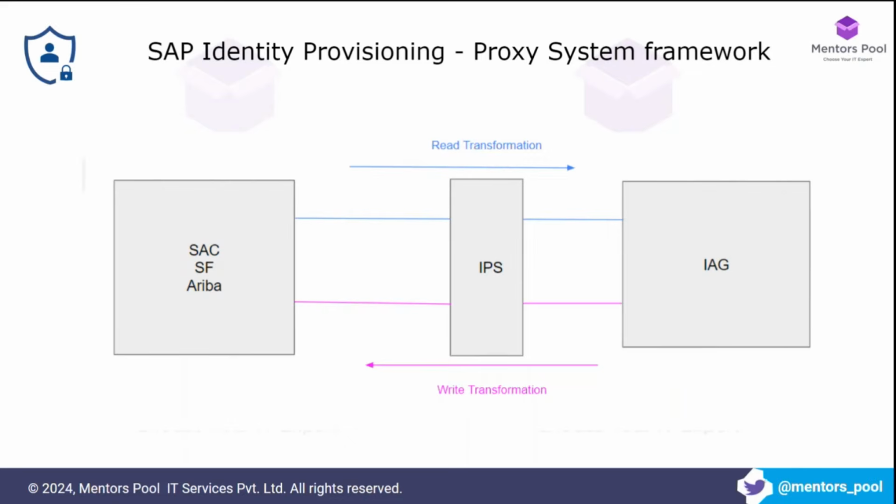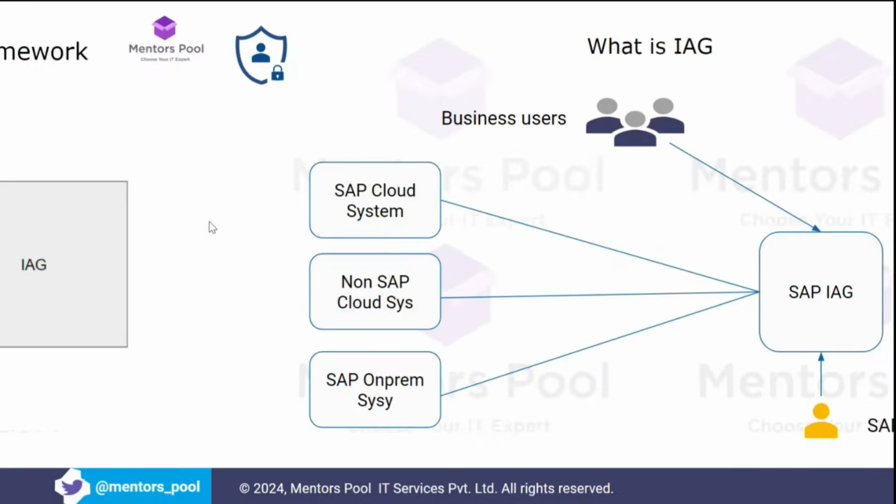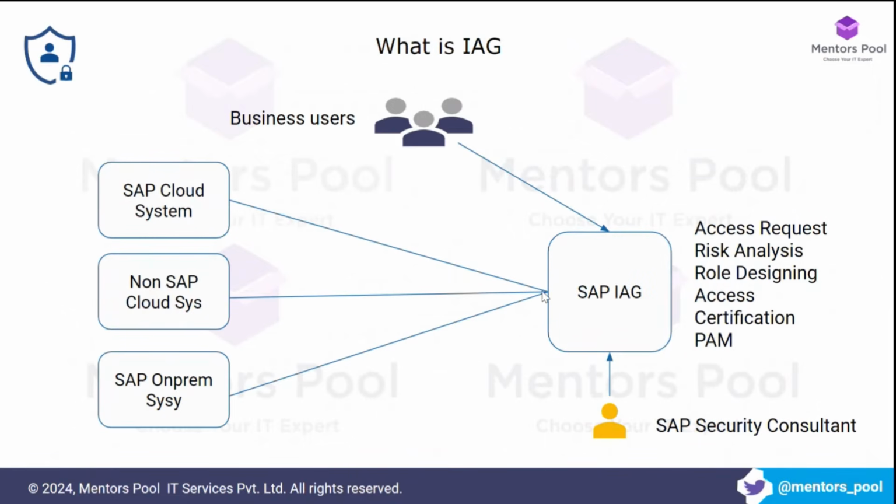What is access analysis? Let's say you have 10 cloud systems in the landscape. So I've explained IAG. See, this is IAG. Let's say you have multiple cloud systems, non-cloud systems, SAP cloud systems, non-SAP cloud systems, or on-premise systems. IAG can do all these things, but I'm talking about access analysis only right now.